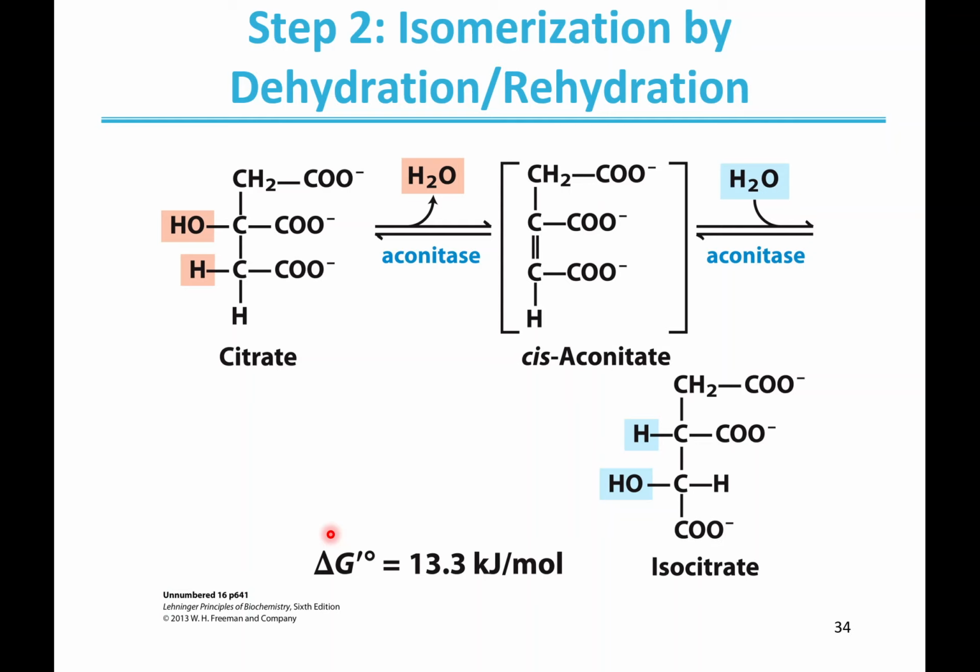Step 2 is our isomerization reaction. We have citrate now as our substrate, and it's going to be rearranged into isocitrate. So what is going on here? Basically, we're moving an OH group from the second carbon in the chain to the first one.